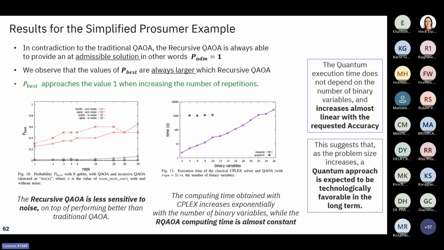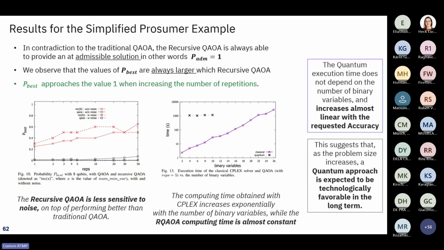You see that when you increase the number of binary variables, the required time to get the solution is much more stable for a quantum approach than for a classical approach, indicating the high scalability of the quantum algorithm.